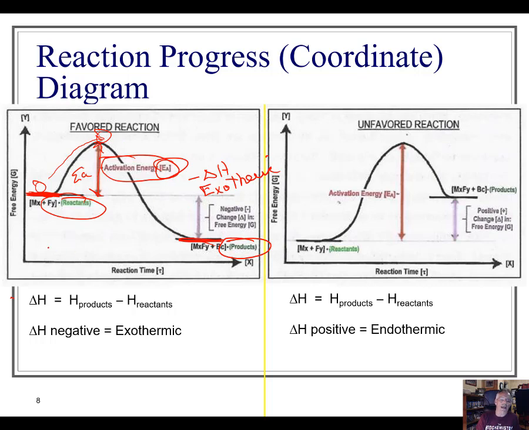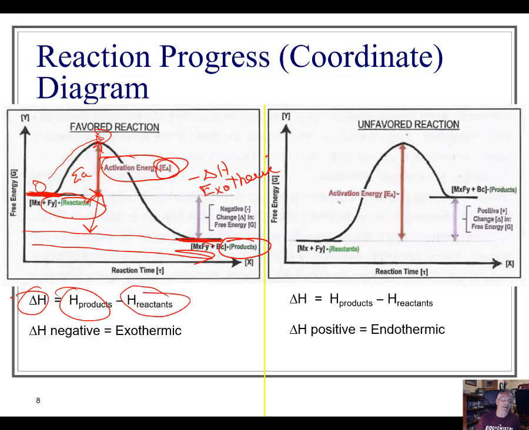And this is just reaction progress. You're going to learn about this, we can actually measure the delta H as the difference between the product energy and the reactant energy. We measure that delta H by taking the product enthalpy minus the reactant enthalpy.